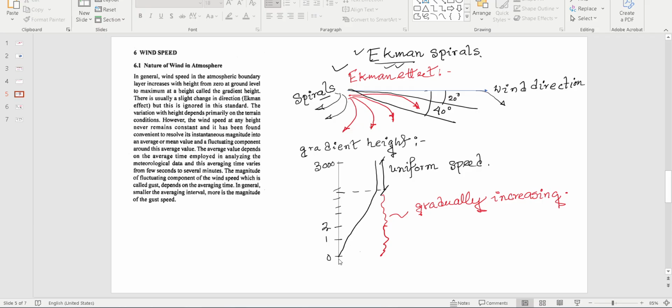We have already learnt from our childhood that from 0 to a certain height, the wind velocity gradually increases because the friction with the ground decreases as the height increases. This is called the gradient height.